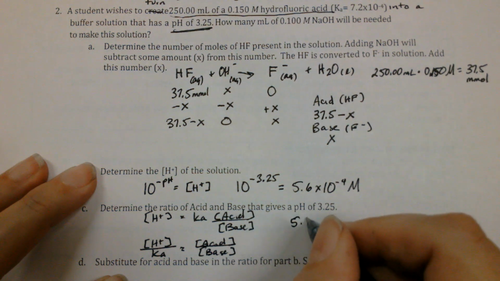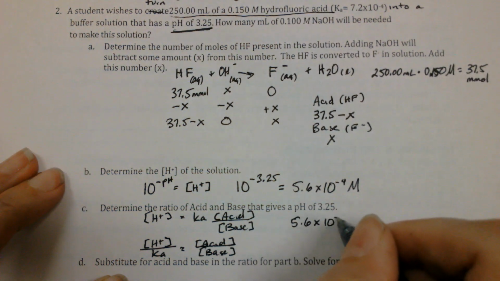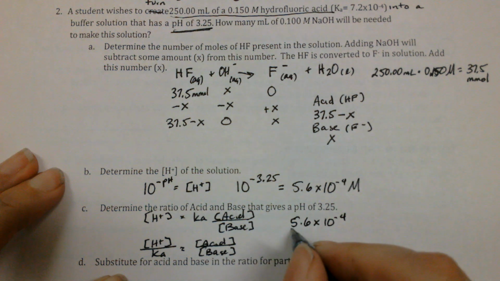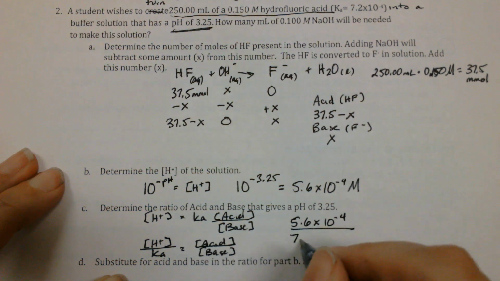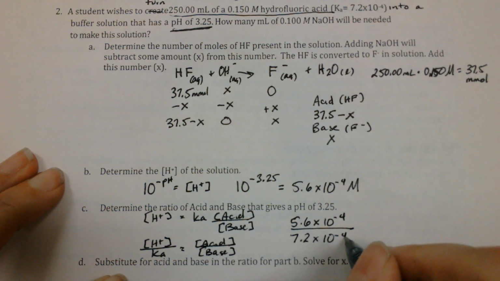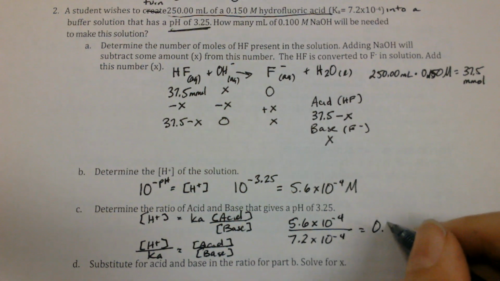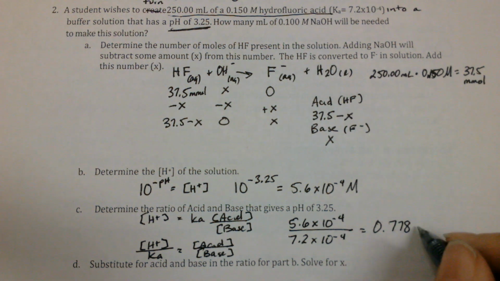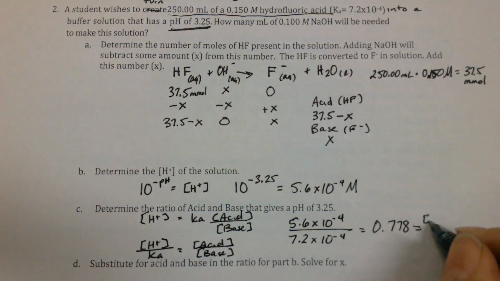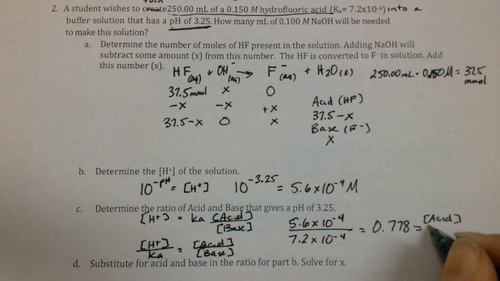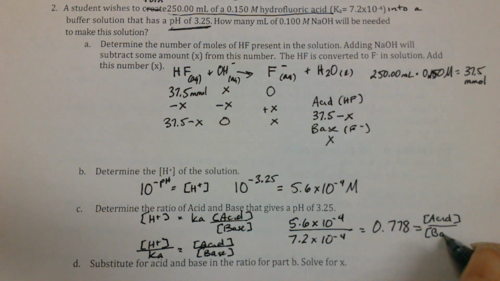We know the H+, we just did it up above here. We know Ka, it's given in the problem. So we can get this easily. This is 0.778. That is the ratio of acid to base.